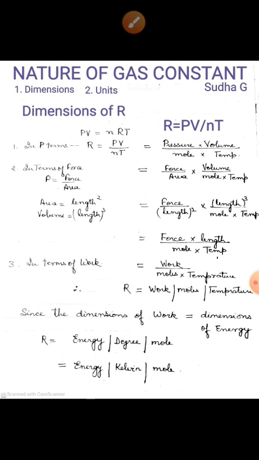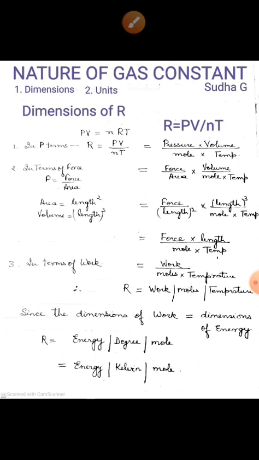The nature includes first the dimensions of R, and secondly we will discuss the units of R. The dimensions of R can be taken in three terms: in terms of pressure, in terms of force, and in terms of work. From the ideal gas equation, the value of R is given by PV upon nT.